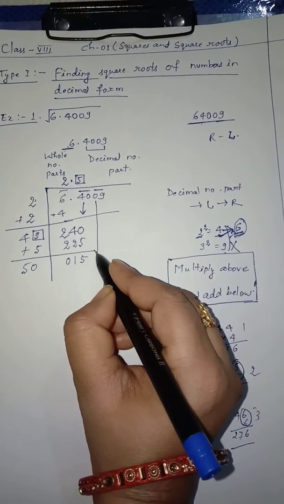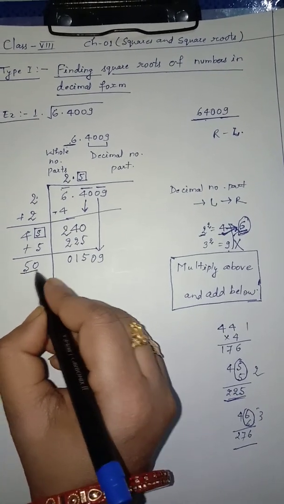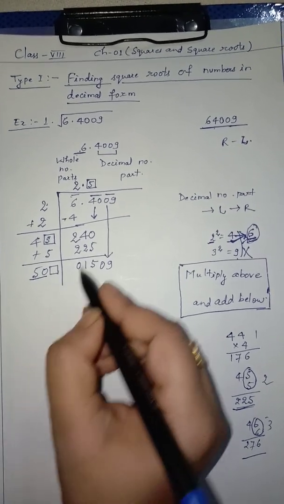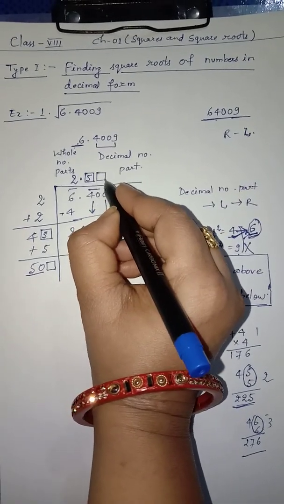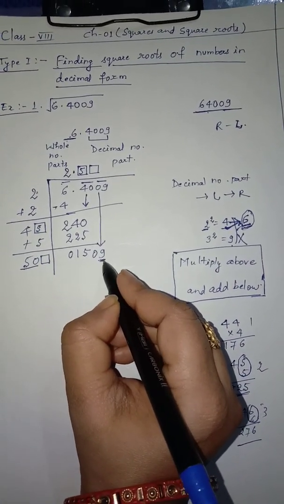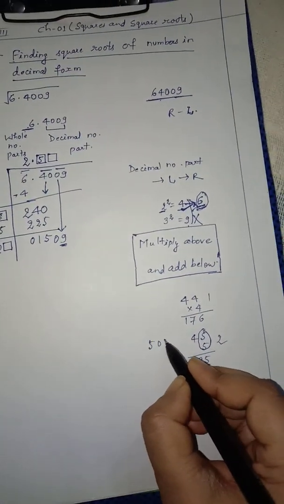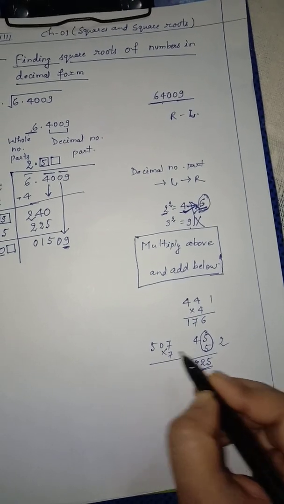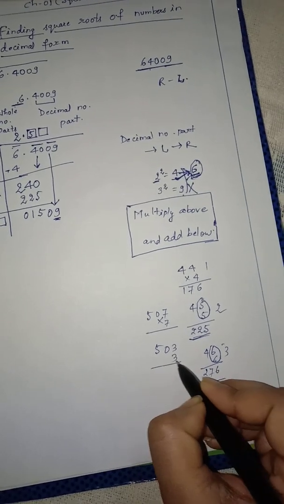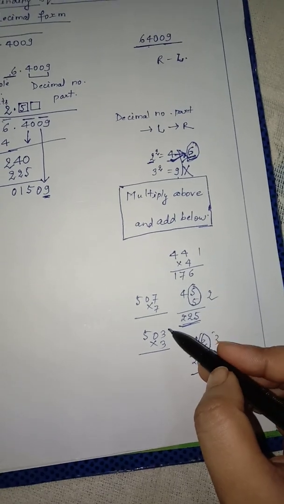The next pair will be brought down here. So now we have 1509. We have 50 and we have left a space for a new digit. The next digit should be checked. Either 503 times 3 will serve our purpose, or another digit. Which is proper? Now we can check.